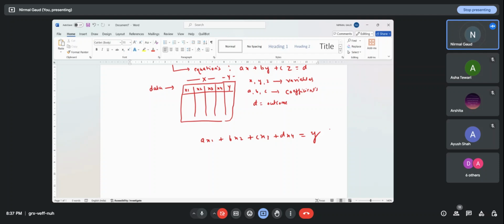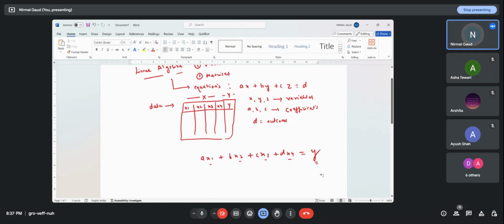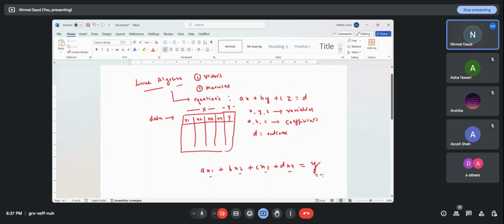Again the same thing: x1, x2, x3, x4 are the independent variables, a, b, c, d are the coefficients, and y is the target outcome. So I can represent my data in this equation format. That is the reason we are dealing with linear algebra.